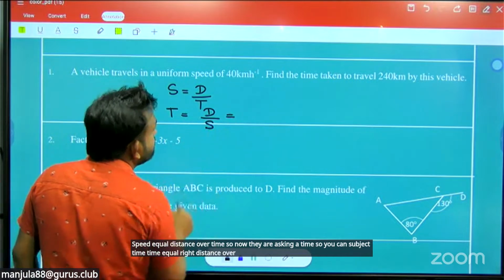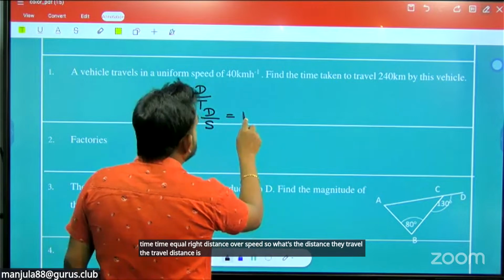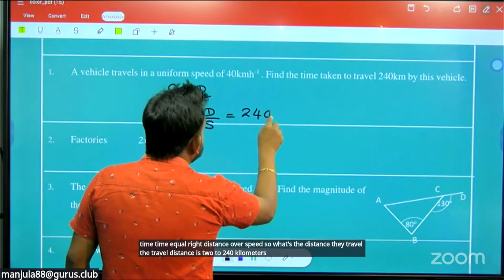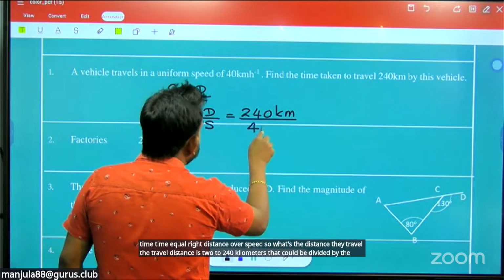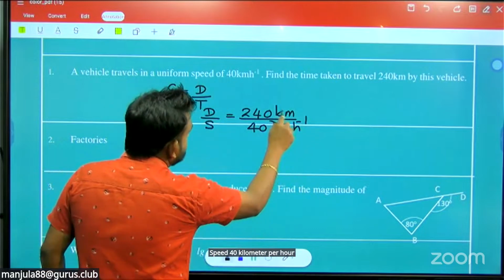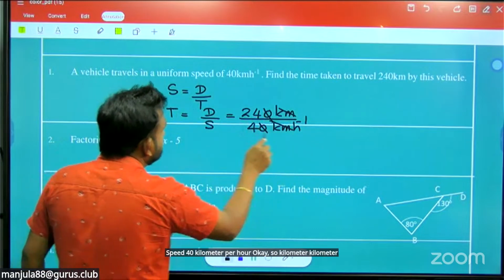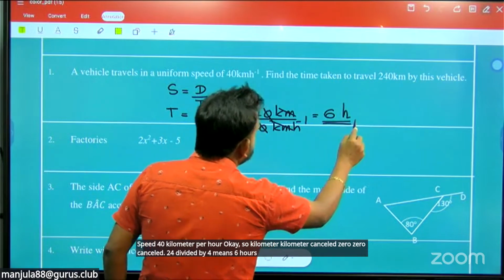The distance traveled is 240 kilometers, divided by the speed of 40 kilometers per hour. Kilometers cancel, zero cancels. 24 divided by 4 means 6 hours. 6 hours is the answer.